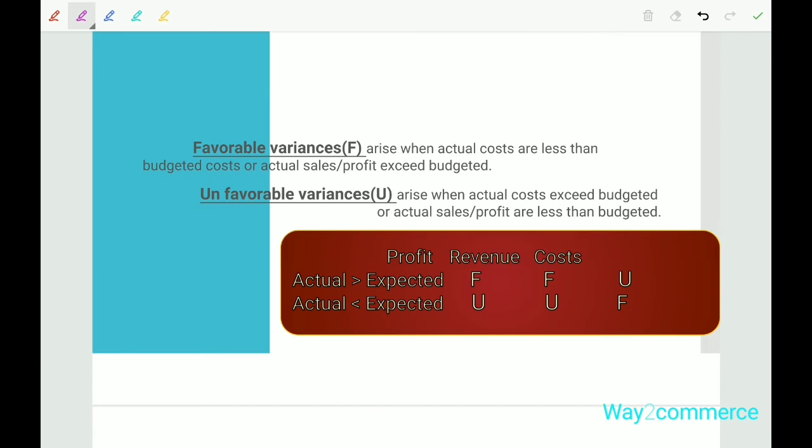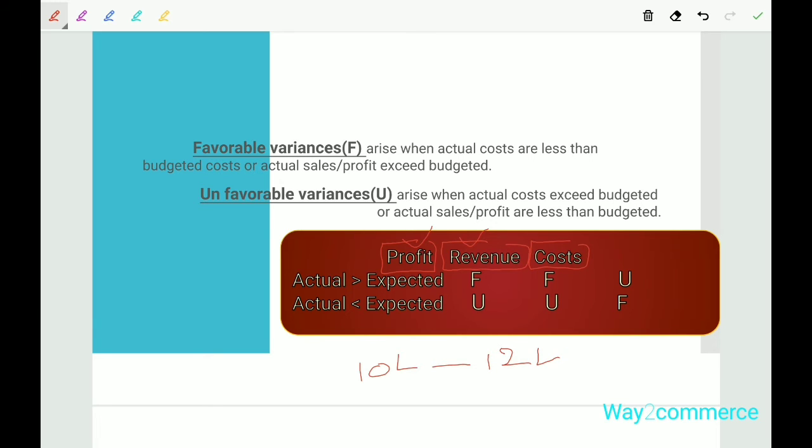Okay, once again I will tell you: profit, revenue, cost. So profit or revenue are the reverse. That means actual greater than expected. For example, we expected 10 lakh as profit or revenue. Actually, the revenue is 12 lakhs. So are we happy or not?